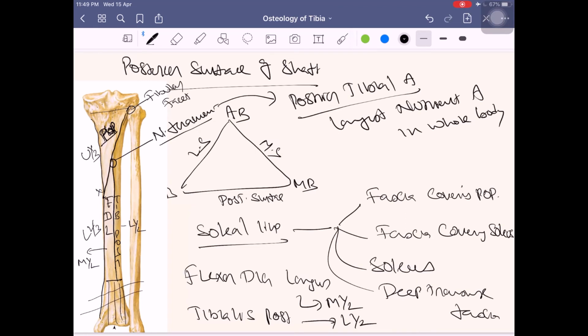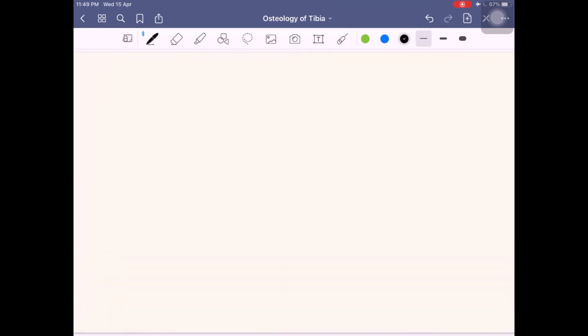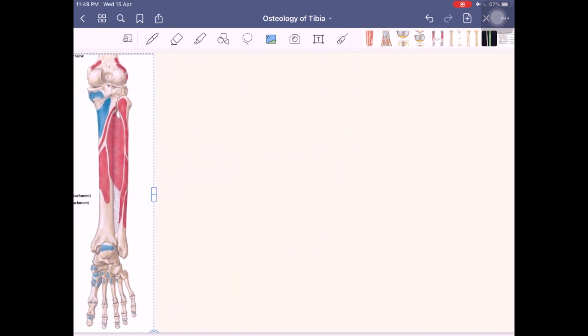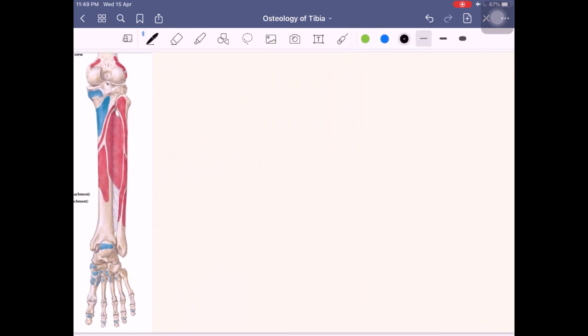So again I'll take another image and try to do the same thing here. There is a soleal line here, which divides the bone into an upper triangular area. The upper triangular area gives insertion to your popliteus muscle above.